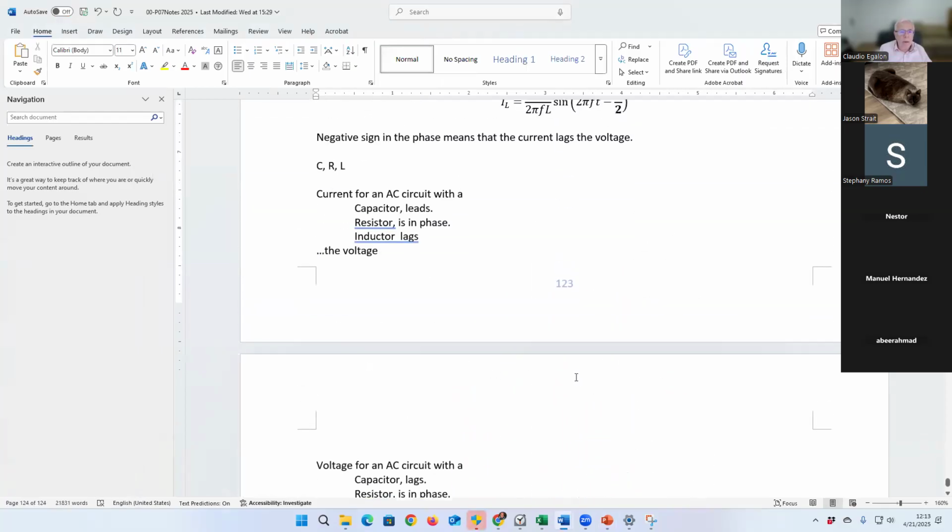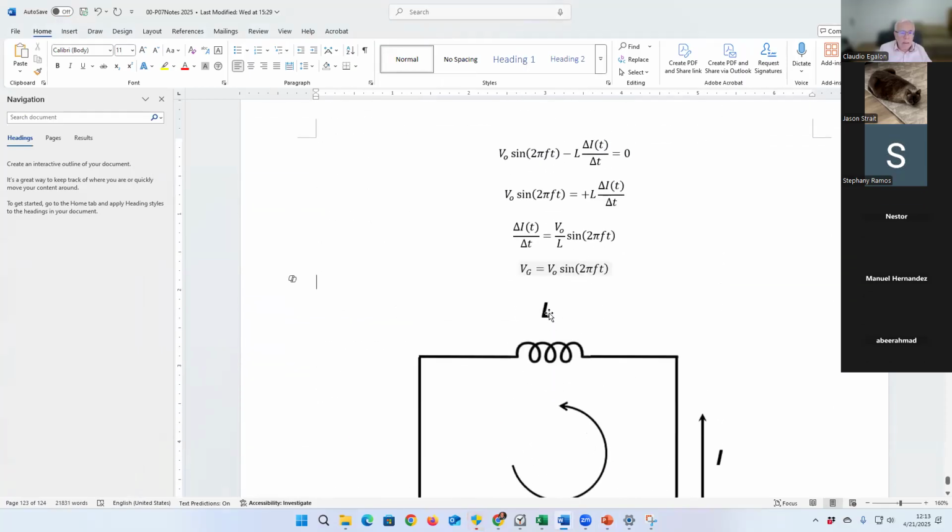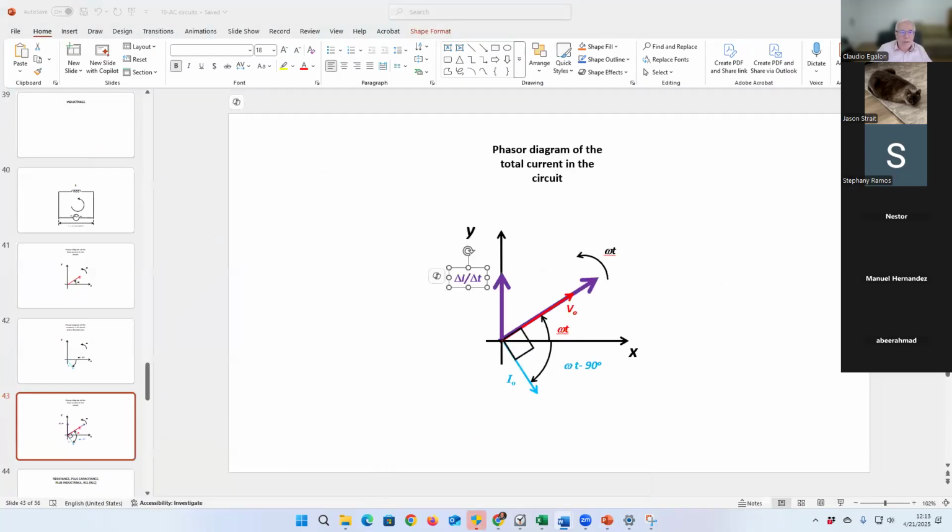Delta I over delta T is V naught over L. The whole vector is V naught over L. I'm going to put everything with the same color here so it will not mix up.